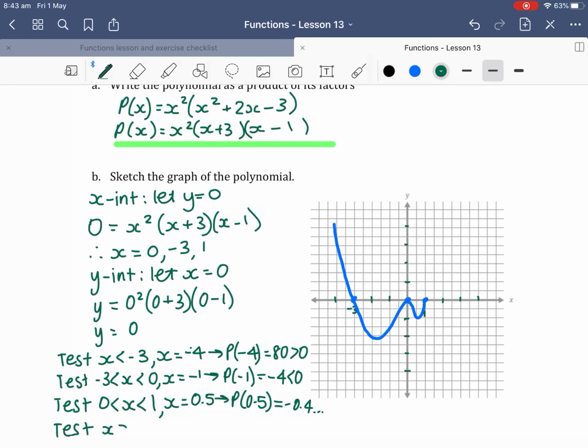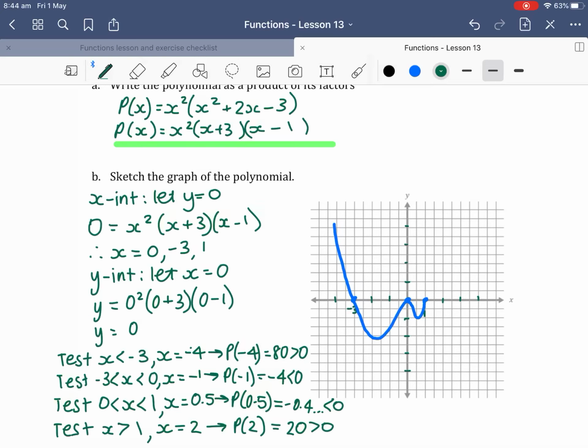And then we just need to test what happens after 1. So we test x greater than 1. Let's test x equals 2. We sub that into our equation, and when we sub that in, we get 20, which is greater than 0.